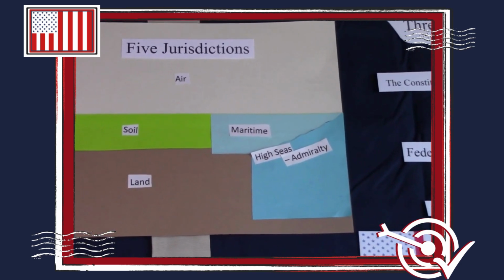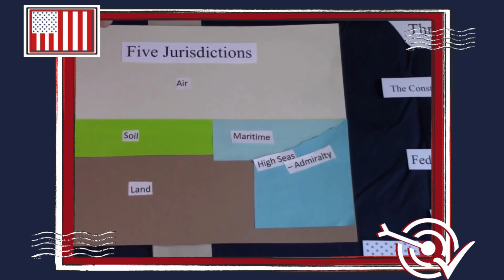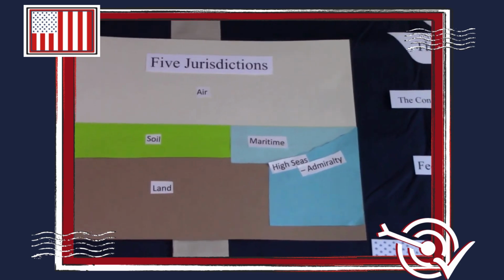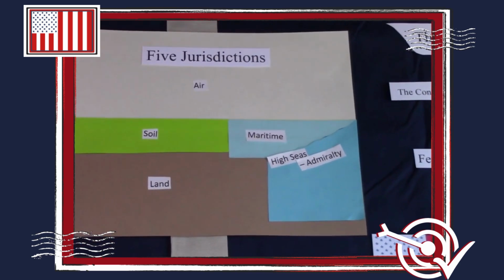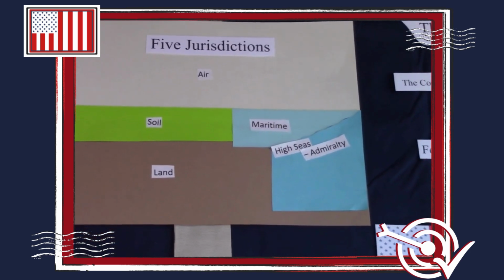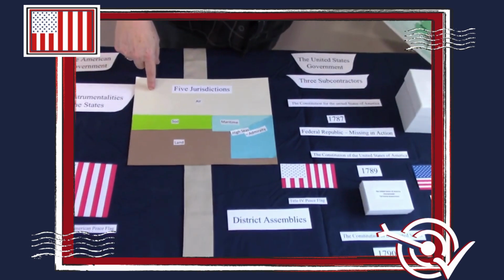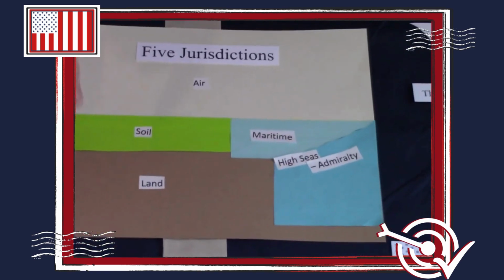So each one of these involves its own form of law. Each one of these involves multiple interfaces. But the important take-home point for right now is that only the air and the land are universal.